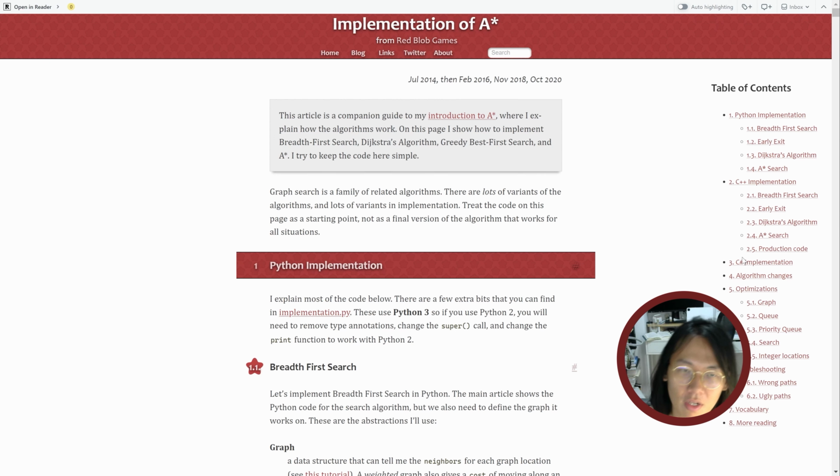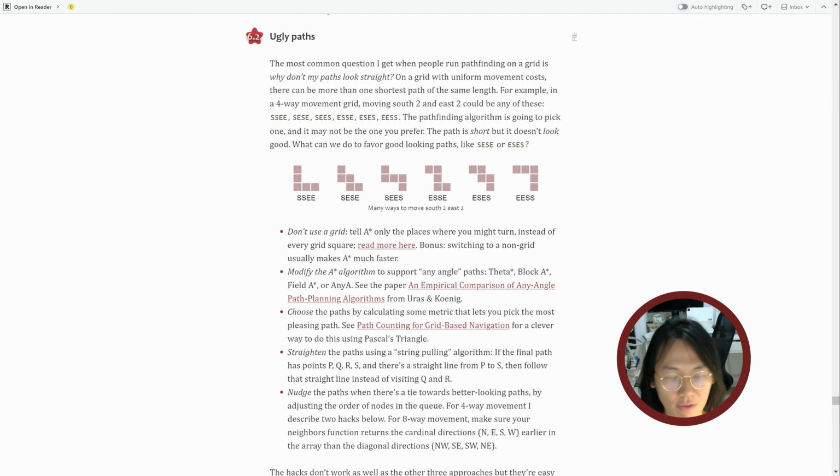Compared with the previous blog, where the author focused more on the tutorial and educational part, in this article the author puts more effort into production code. So that's very nice. You can also find answers to very common pitfalls when using graph search algorithms.